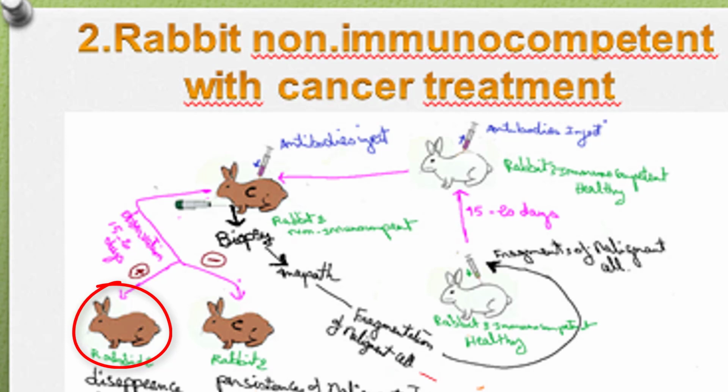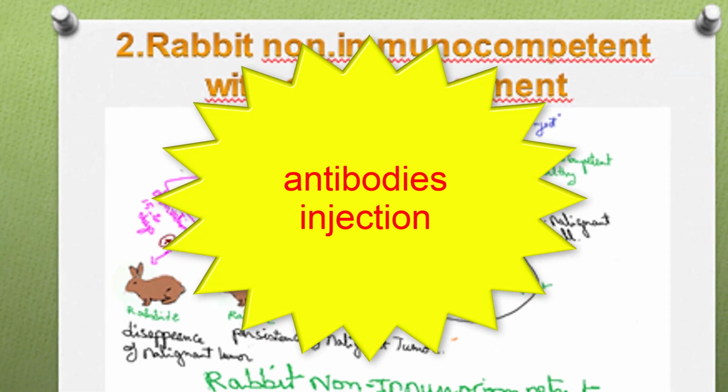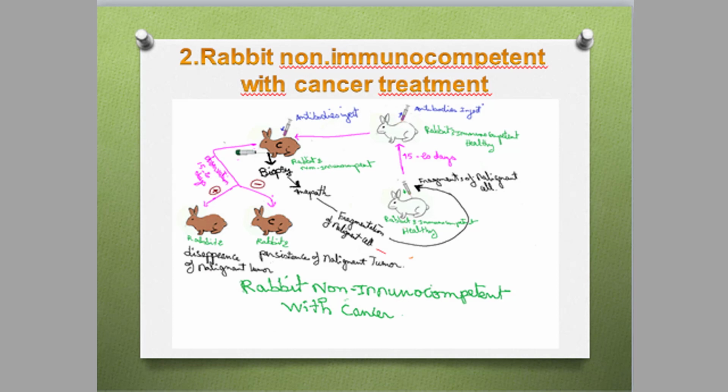In the end, cancer treatment for a non-immunocompetent rabbit with cancer is by antibodies developed inside another rabbit which is healthy, immunocompetent, of the same group.